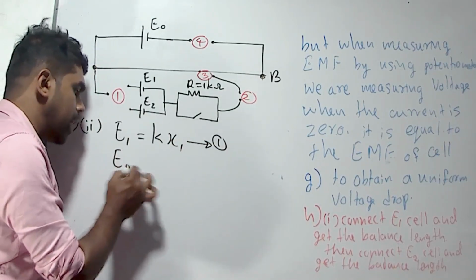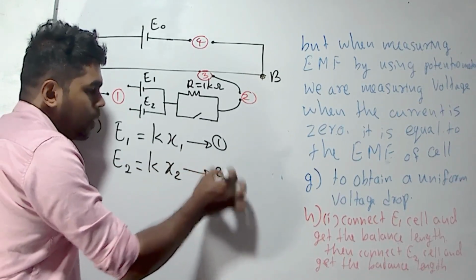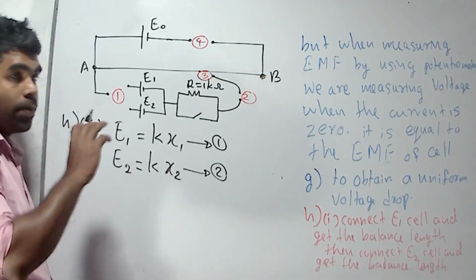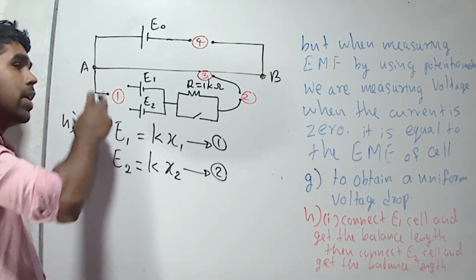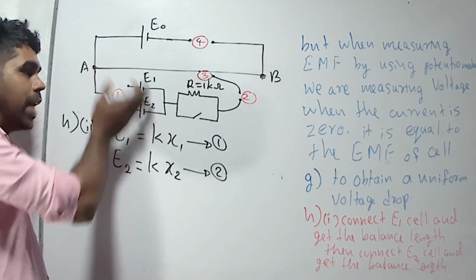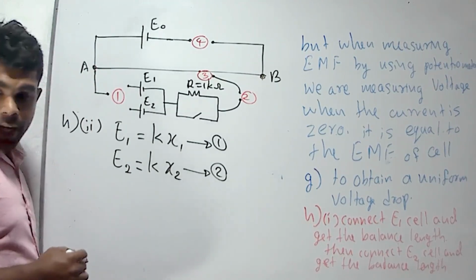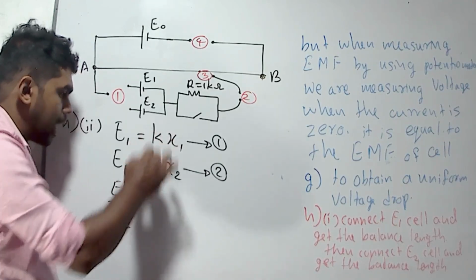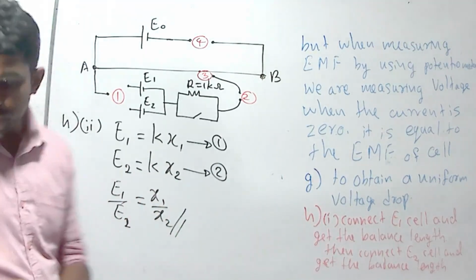When using the E2 cell, we can write E2 equals Kx2. The K value is the potential difference per unit length. It is not changing for the corresponding circuit in the two situations. We are using the two-way switch connected to space 1 to change the E1 and E2 cells. Then we get the ratio between E1 and E2. When dividing, we can cancel out the K term. It is equal to x1 over x2.